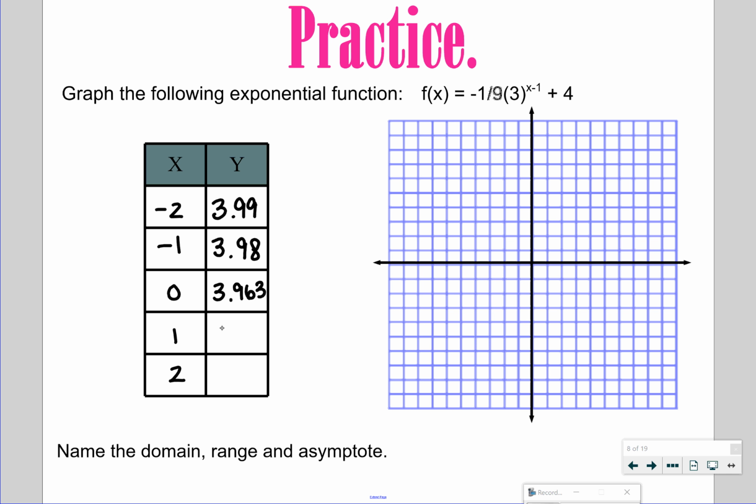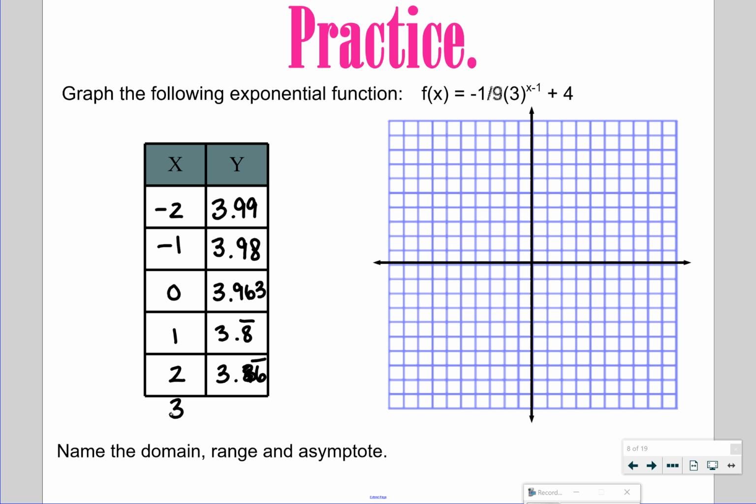If I plugged in 1, I got 35/9 was the fraction. Let's see what that gets, 3.8 repeating. If I plugged in 2, I got 11/3, which was 3.3 repeating. Oh, no, 3.6 repeating.